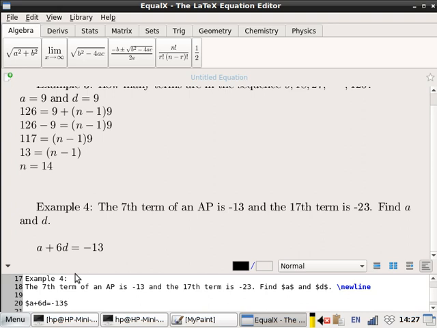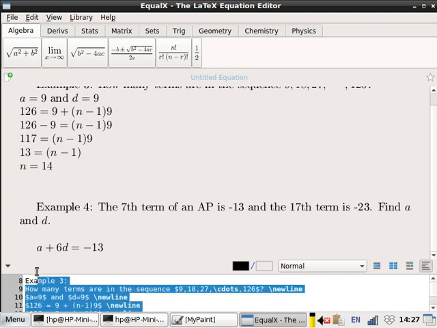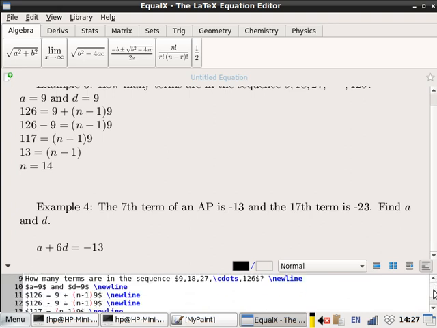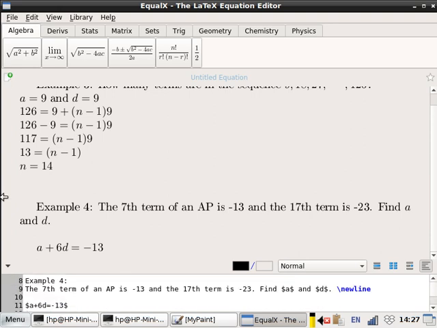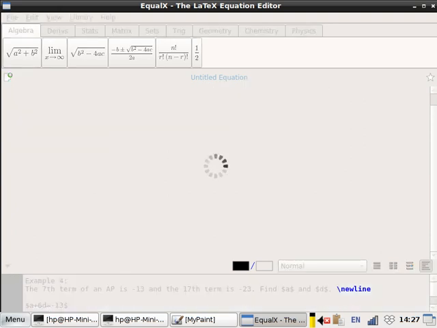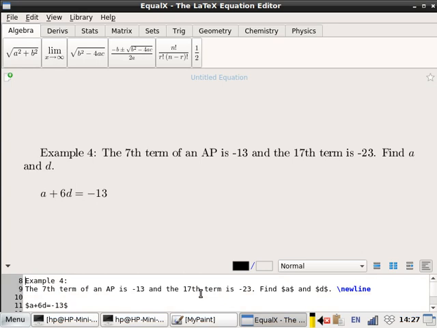Take it all to one side, maybe? Not just yet. Can I remove example 3? Get it out of my way. Why A plus 6D? Because it's the 7th term, and n minus 1. Yeah, the formula is A plus n minus 1 times D. So the 7th term is A plus 6D.